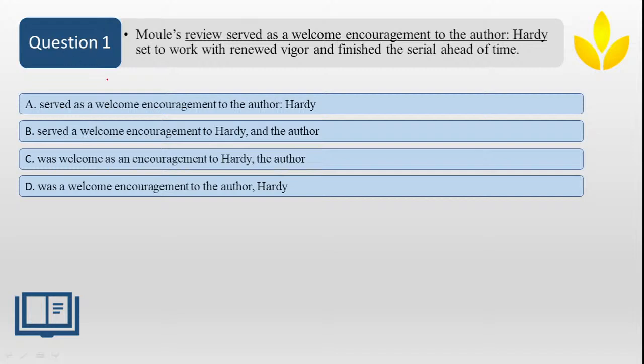So where we can use colon. Here author colon Hardy is given. It is used most commonly, if you have seen, whenever you write some headings, let's say heading 1 colon. Have you seen this?